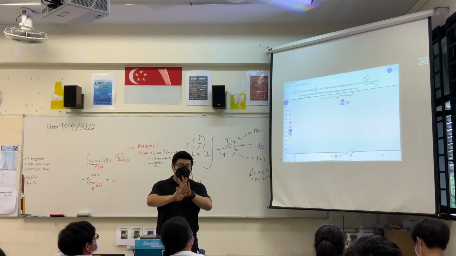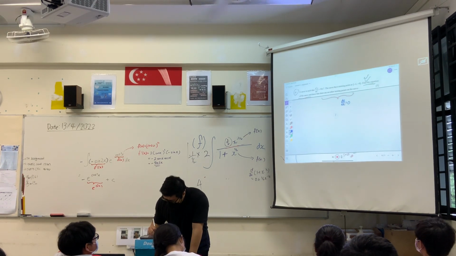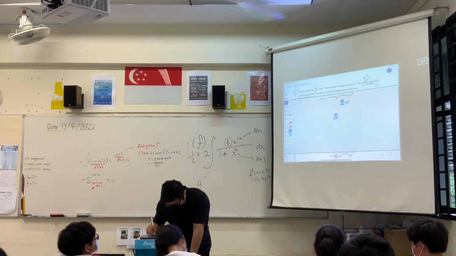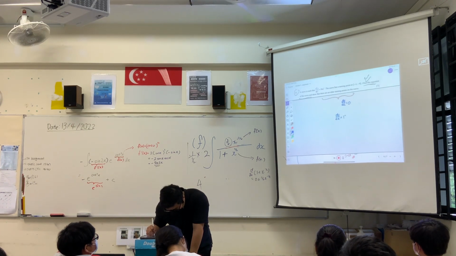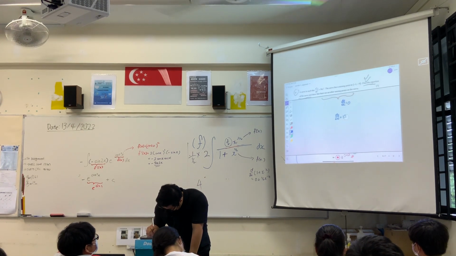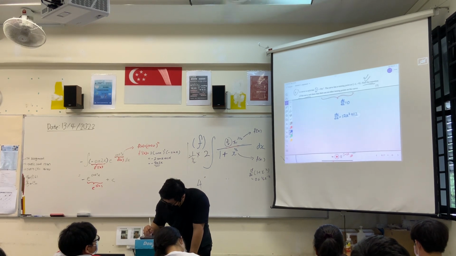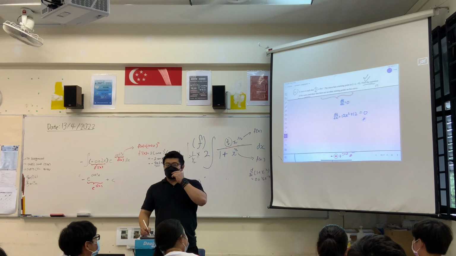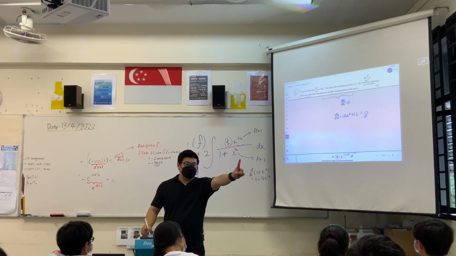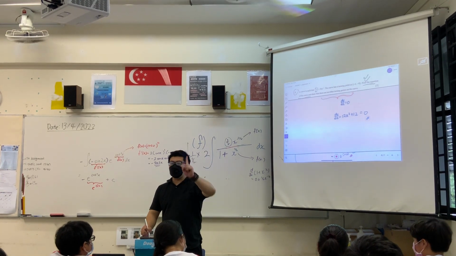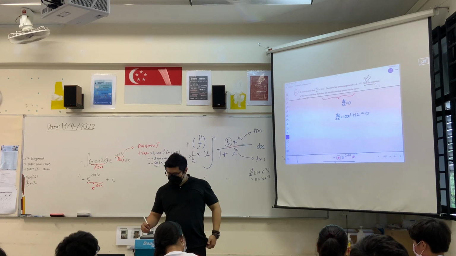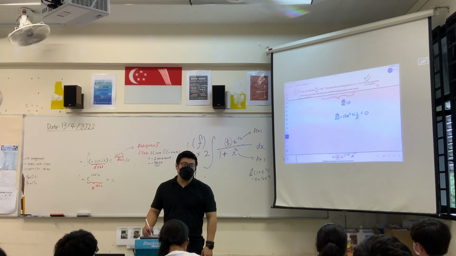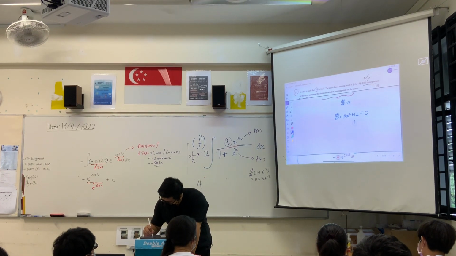To show that there is no other turning point, your dy/dx is 12x cubed plus 12. You want to show that when you equate this to 0, there's only one answer. How many answers? One answer. So very easy.